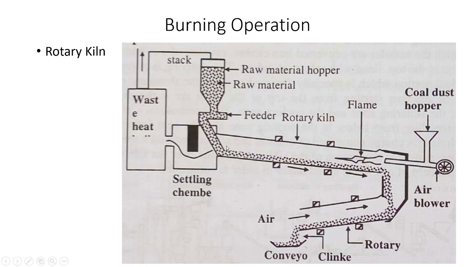As they move here, they become cooler, but these hot gases will pass through the settling chamber further, so that their energy can be recycled. There is another operation taking place here, which is the main process that we have to understand from the chemistry point of view, but we'll discuss that afterwards.